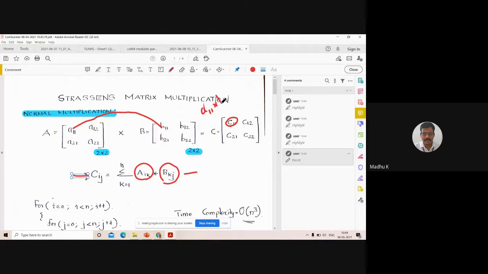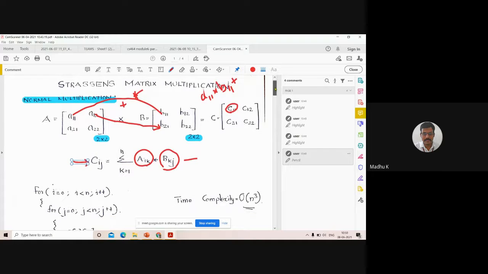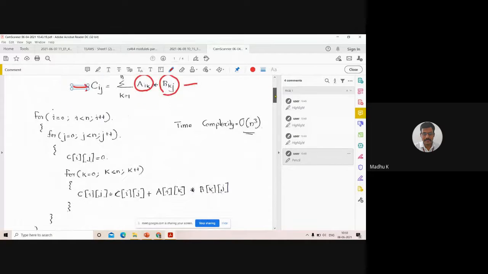Then we will get c11. In this way we can calculate each and every element in the matrix C. You know the matrix multiplication method, so I'm not explaining much more about that.